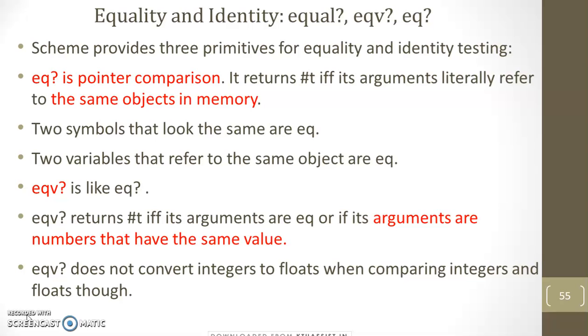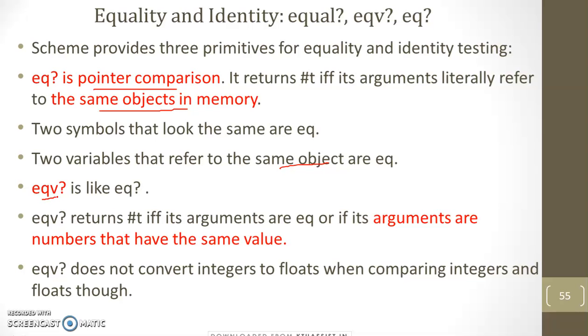Here eq does a pointer comparison, and it returns true if its arguments are literally referring to the same object in memory. So two symbols that look the same are eq. Two variables that refer to the same object are eq, which means they will return the true value.